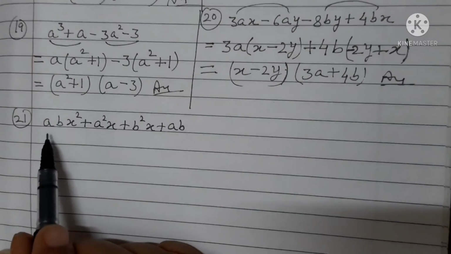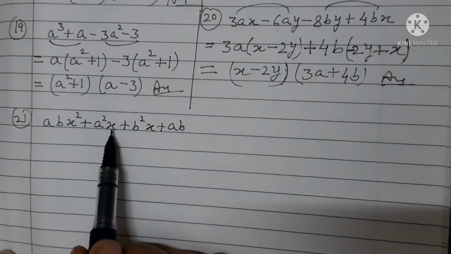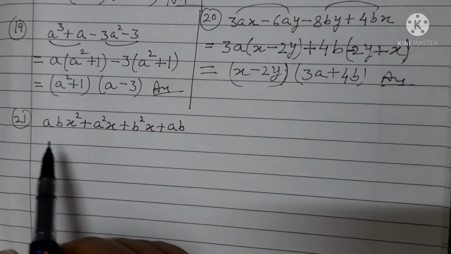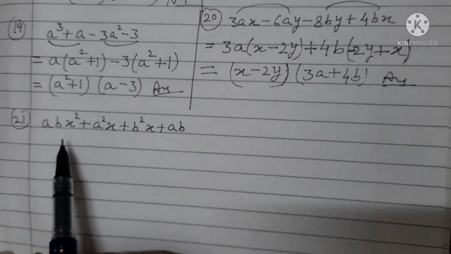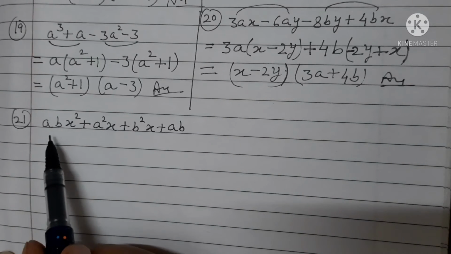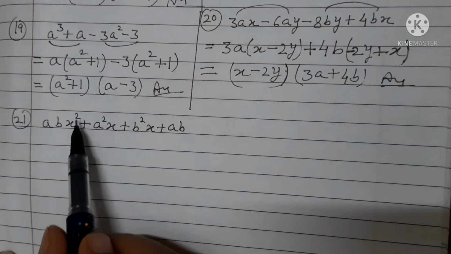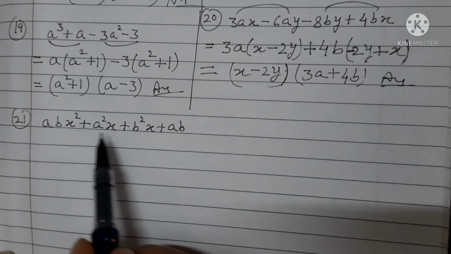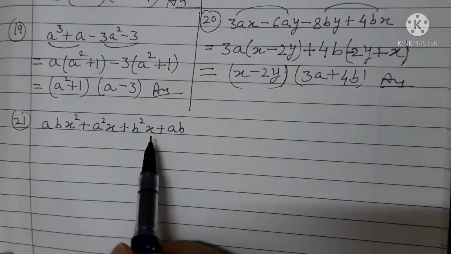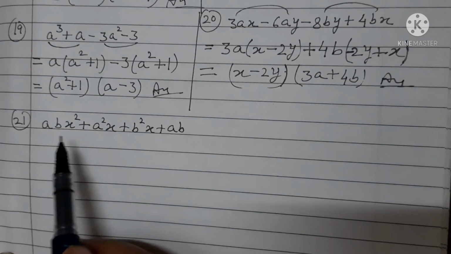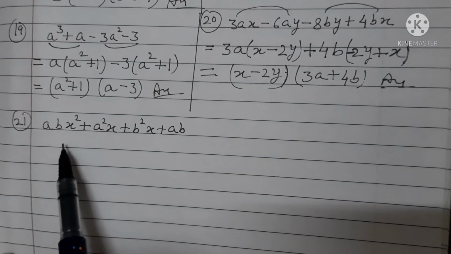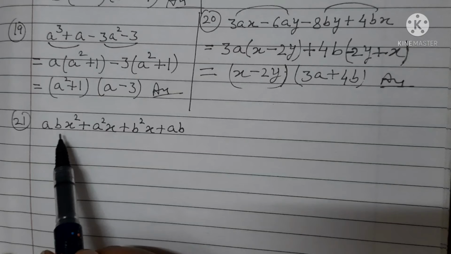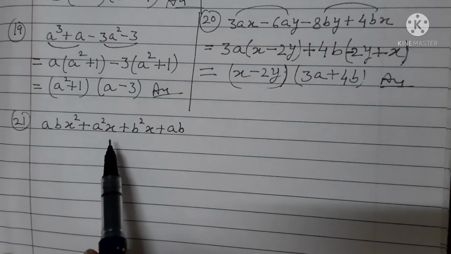The question number 21, abx square plus a square x plus b square x plus ab. Now making the group, if you are putting these two terms together, abx square and ab, then you can take ab as common and look at the other two terms, whether they have the same term as we have taken from the first grouping.